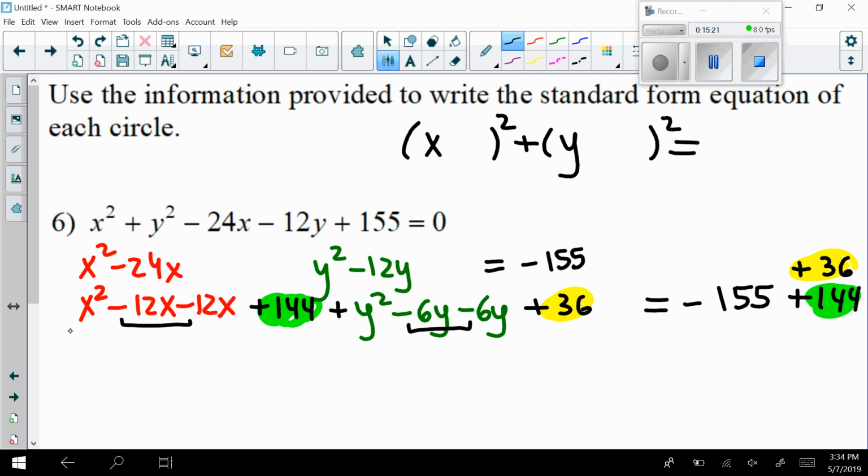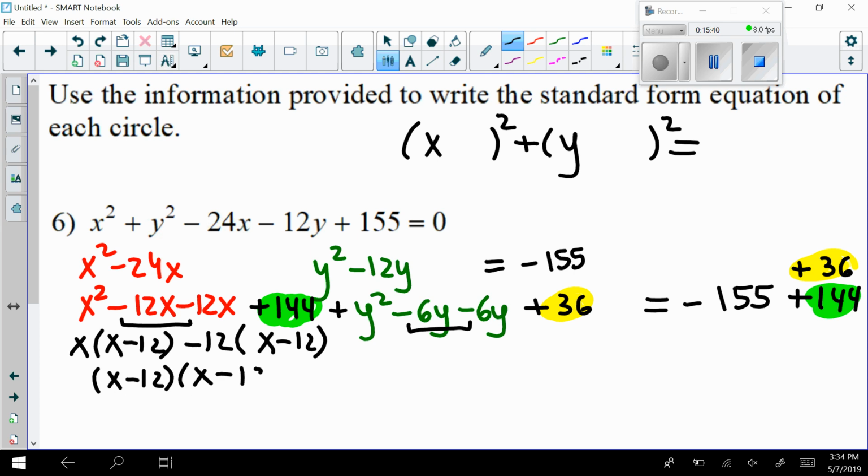Now that I have my four terms, I can easily factor by grouping. So I have x minus 12, I have negative 12, x minus 12. I get x minus 12 and an x minus 12, which is exactly what I wanted. So I get x minus 12 squared, quantity squared. Now I'm going to go back to my y's.